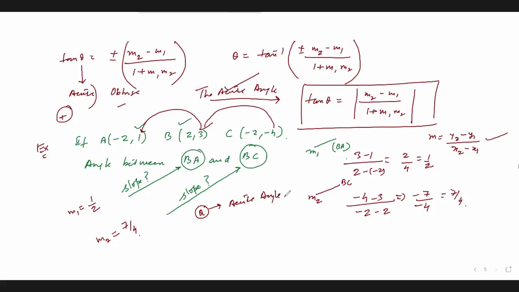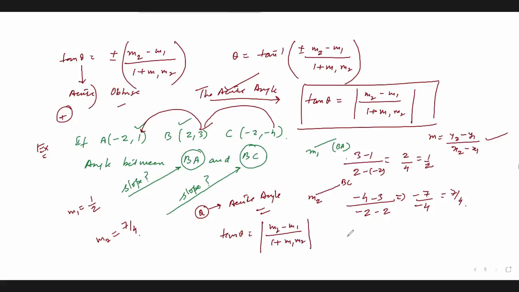As I told you, whenever two lines intersect, two pairs of angles are formed: one is a pair of acute angles and the other is a pair of obtuse angles. When we are talking about the acute angle, I will apply the simple formula that tan theta is equal to mod of (M2 minus M1) divided by (1 plus M1 M2).